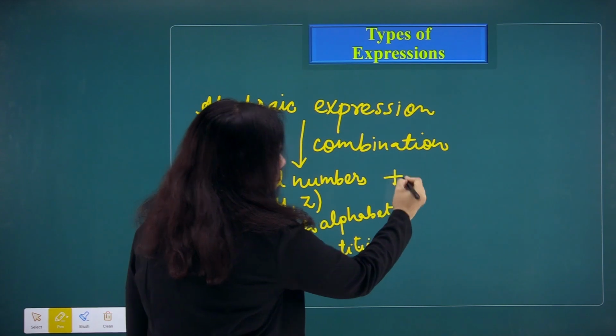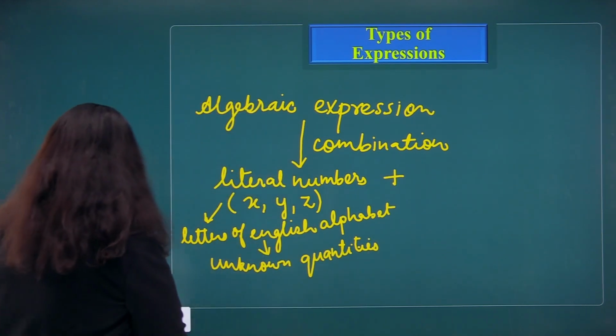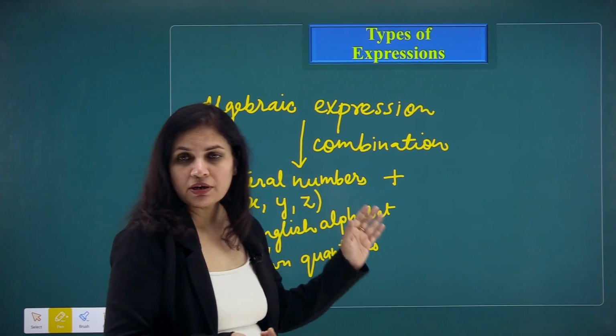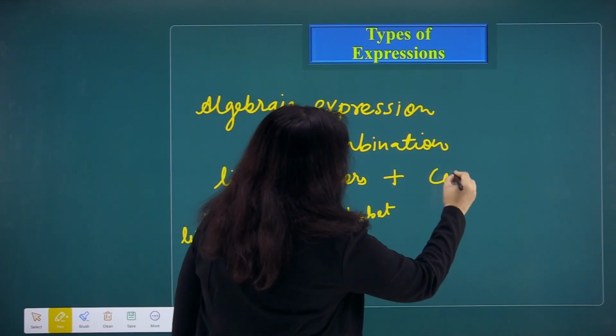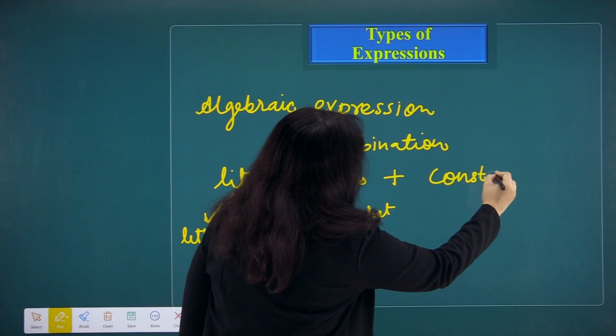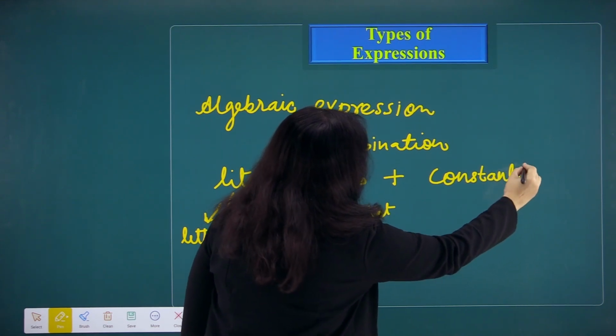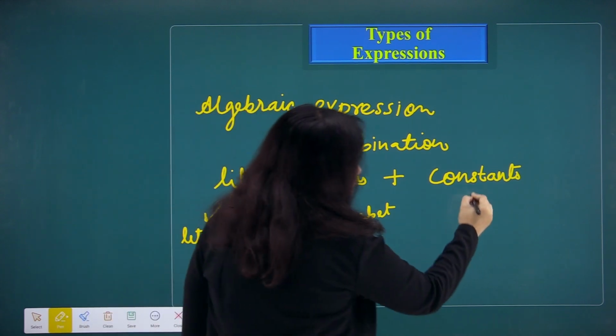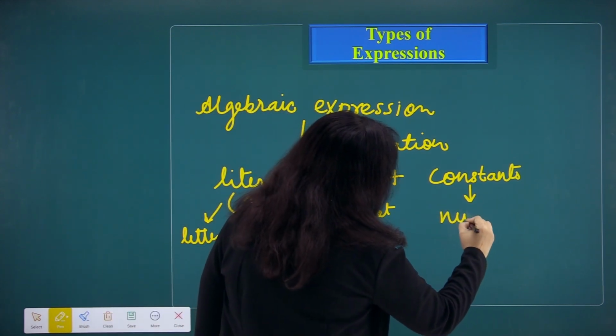Literal numbers plus, I would not say plus, it's a combination of literal numbers plus constants. So constants are numerical values.